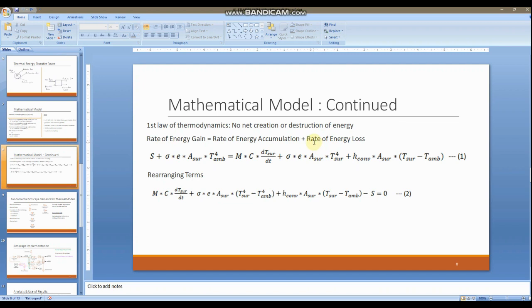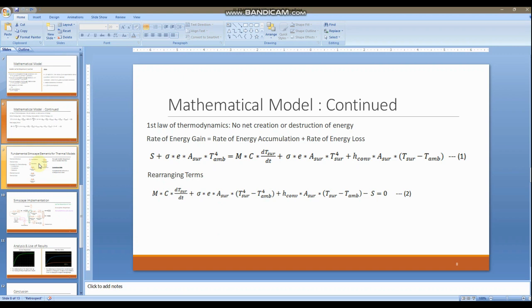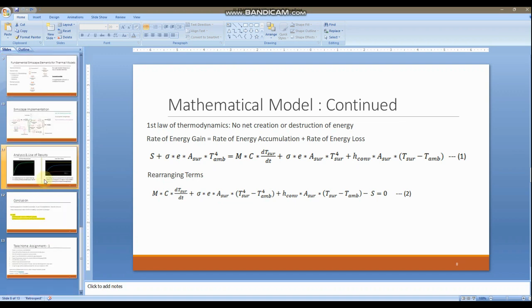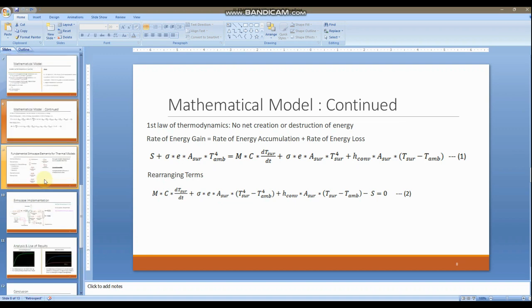And upon expanding them, simplifying them, and rearranging them, we finally come up with an equation like this, which is an ordinary differential equation of first order, which can be solved using MATLAB, and this can also be implemented using Simulink and solved. And I think that's the first portion of your assignment.